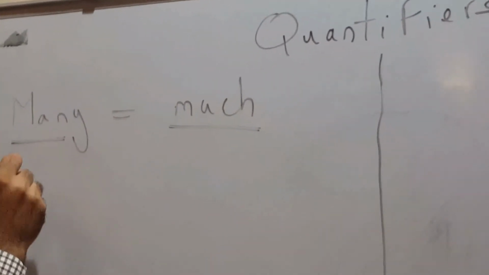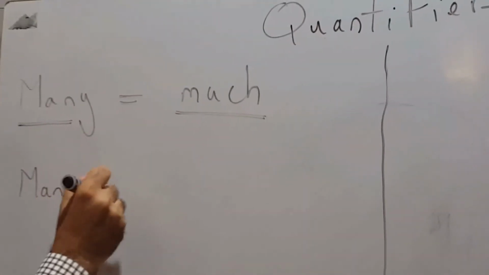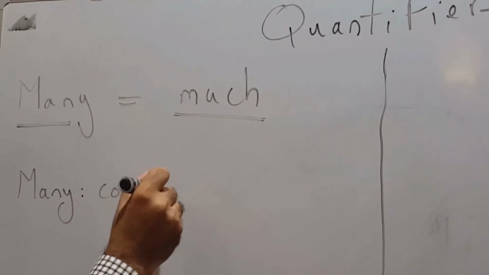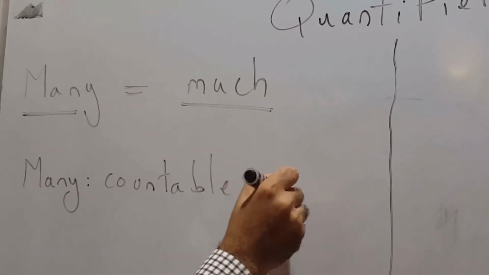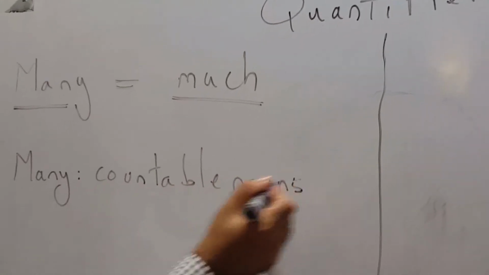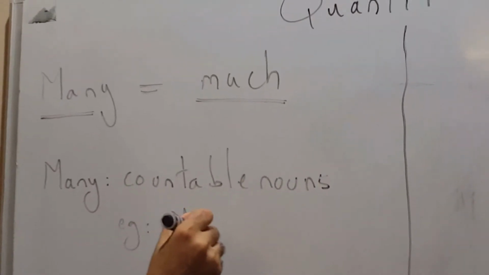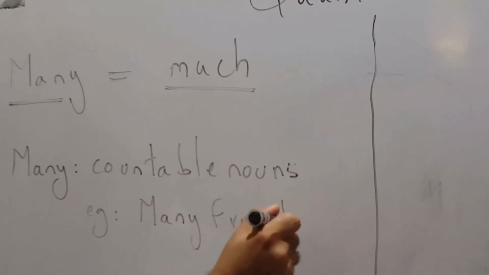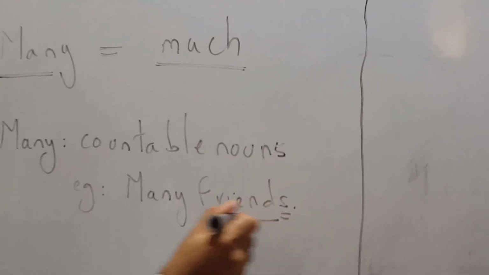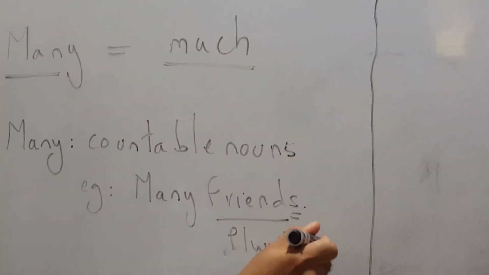We use many actually with countable nouns. Example, we say many friends. See, friends here is a plural noun.